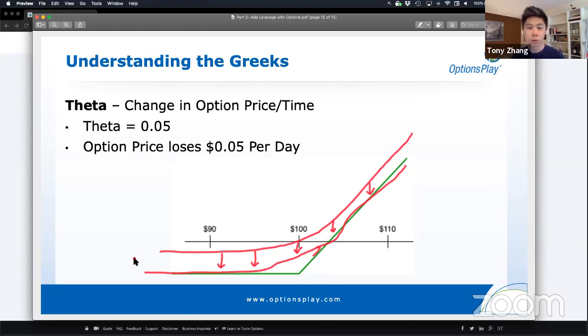So that's how you can use theta to give you a sense for how much the value of your option will decay. For those of you that have studied calculus, I don't know if any of you are engineers and have a decent understanding of calculus, really what we're talking about here are just slopes of curves. The red line is a curve, and delta is the slope of that curve.